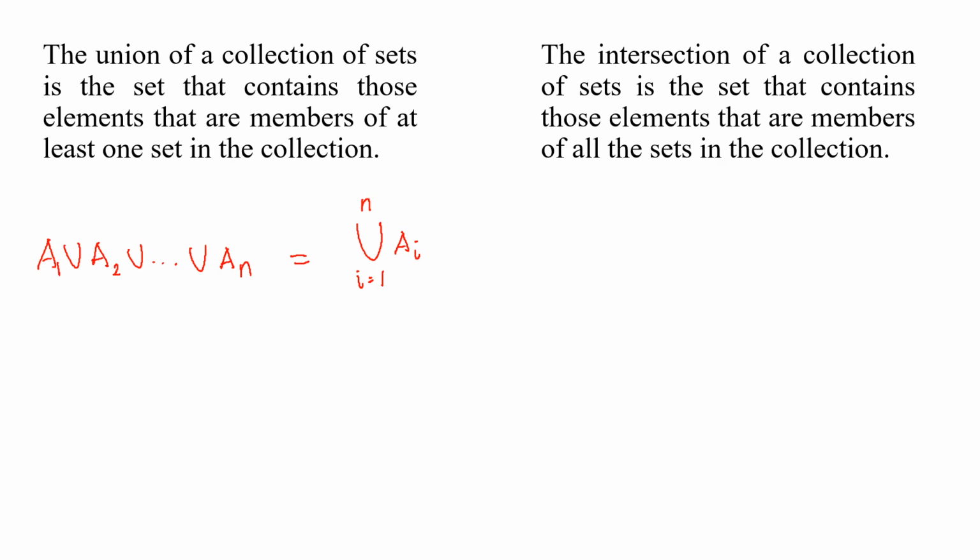In other words, we have A sub 1 intersect A sub 2 intersect and so on up to A sub n, which can be written as the intersection of A sub i from 1 to n, to denote the intersection of the sets A sub 1, A sub 2, up to A sub n.